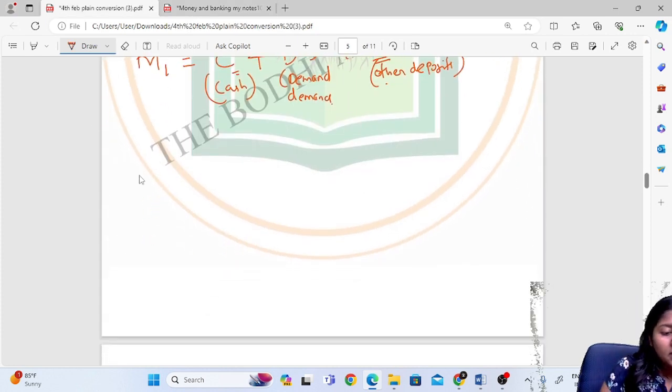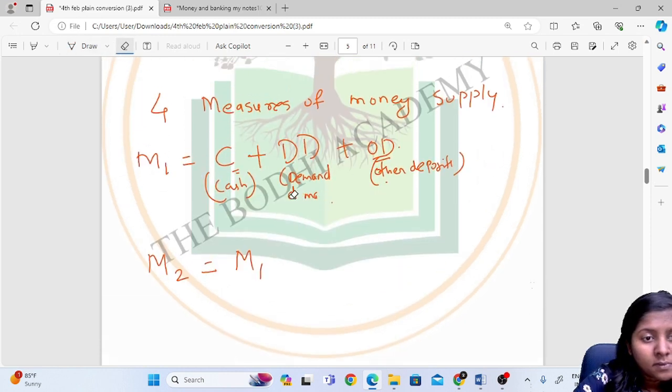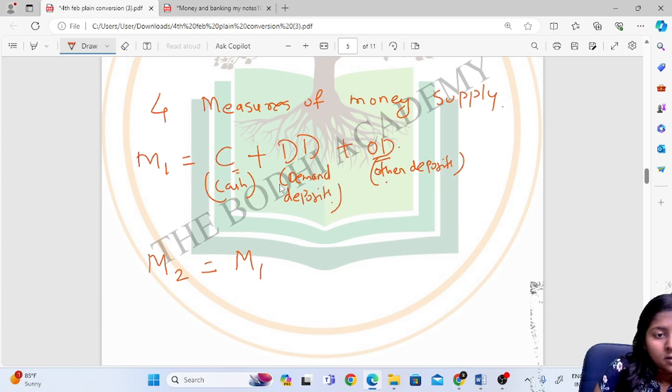Then the next one is M2. M2 includes M1, and we know what comes in M1: cash plus demand deposits plus some other deposits.